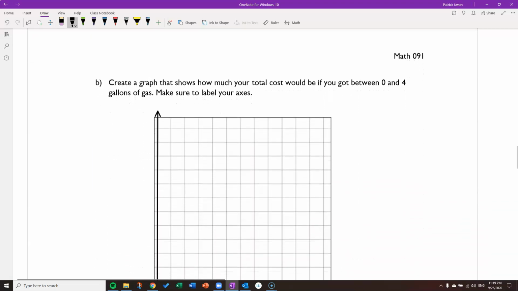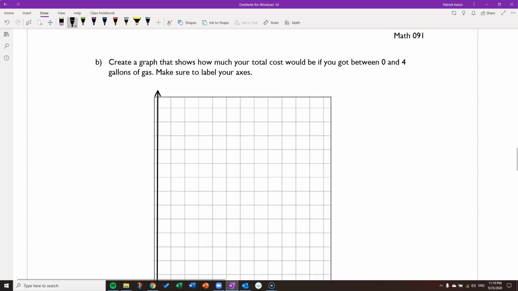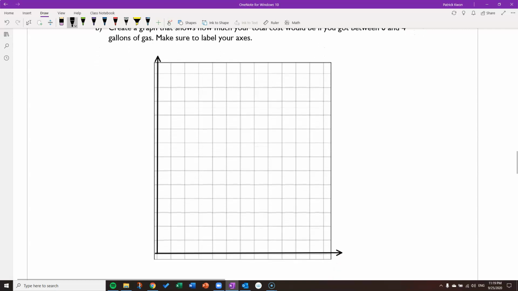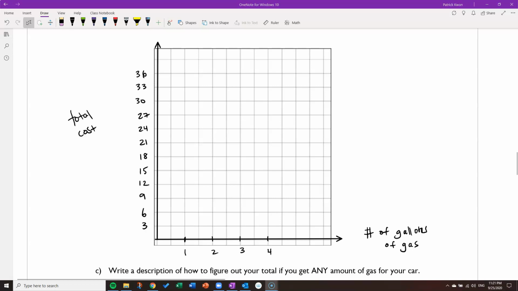Part B says create a graph that shows how much your total cost would be if you got between 0 and 4 gallons of gas. Make sure you label your axes. So I'm going to label my axes really quickly. So I've gone ahead and labeled my axes as well as put values on our tick marks. And so if I ordered 0 gallons of gas, then I would still end up tipping the gas attendant because I would feel bad.